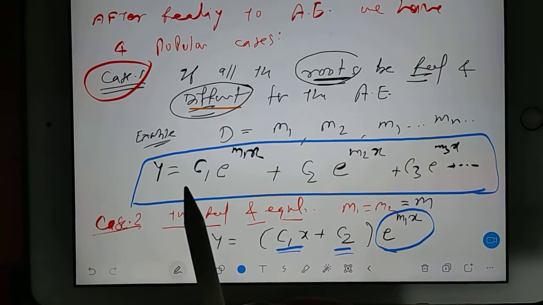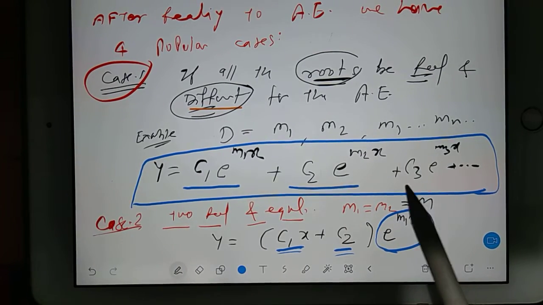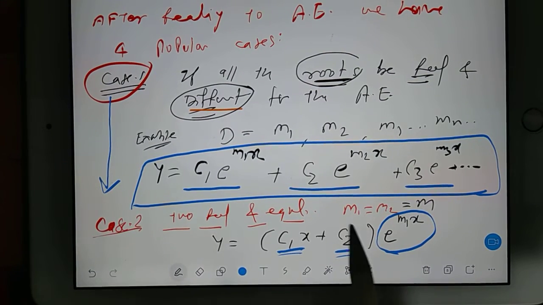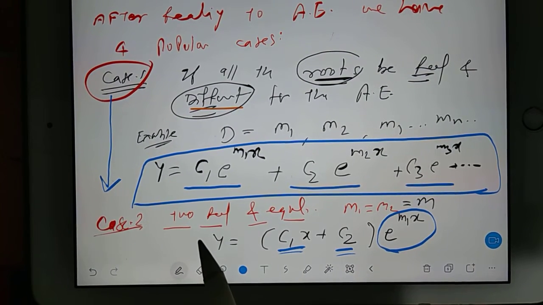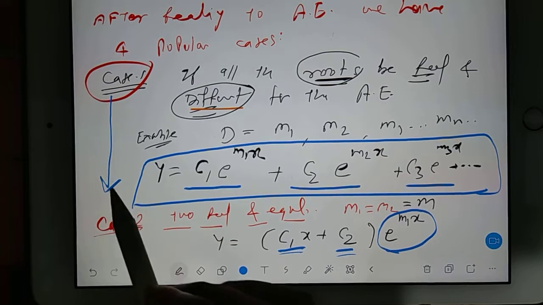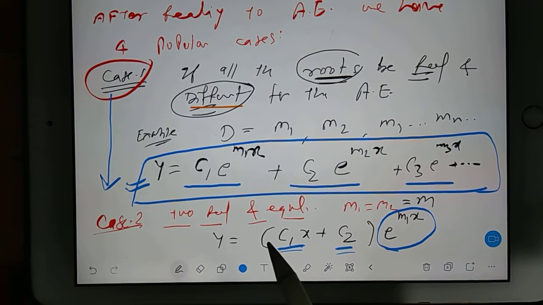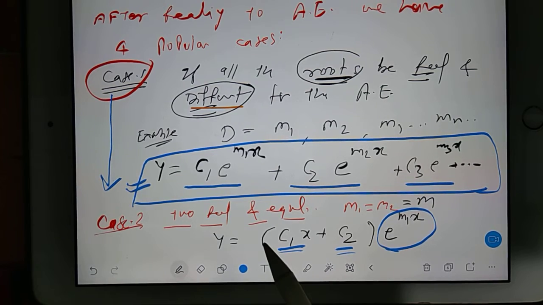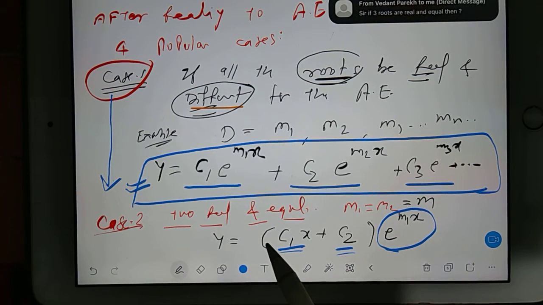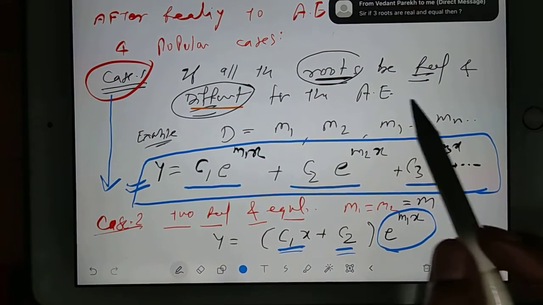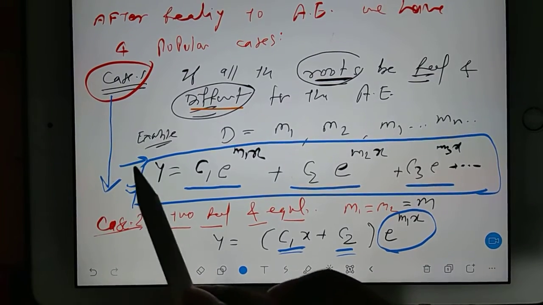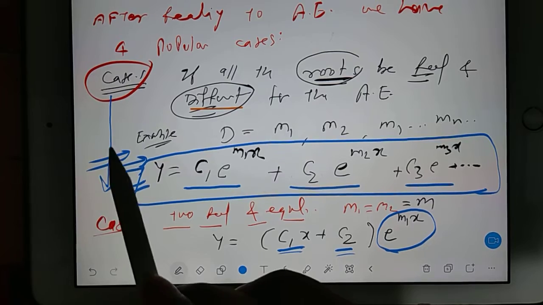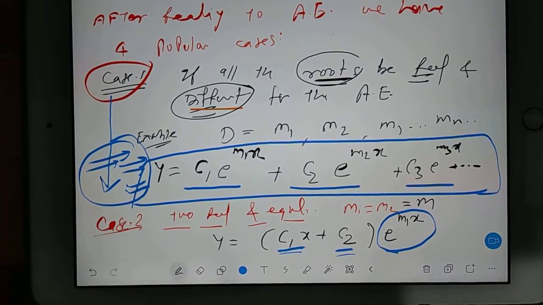In the previous solution you see how the answer is coming. From case 1 to case 2, only one thing is simplified. We are bothering about only 2 roots. If you have multiple roots, you use this one. If you have only 2 roots and both are real and equal, you use this one. If you have 3 roots, 4 roots, then you follow this one. Right, Vedant? Case 1 is a general condition.